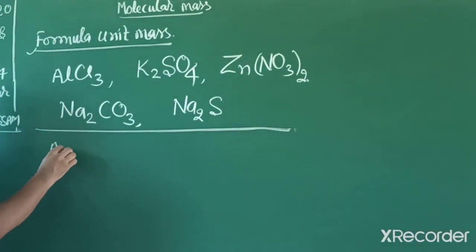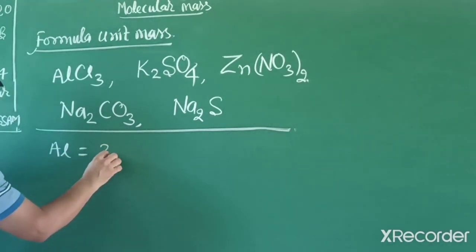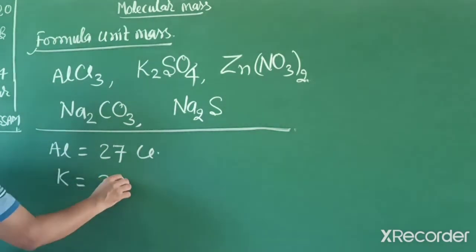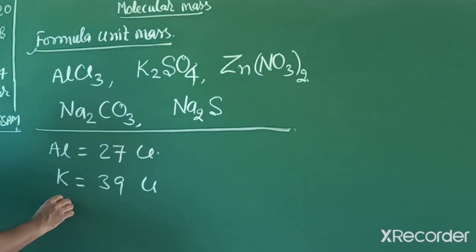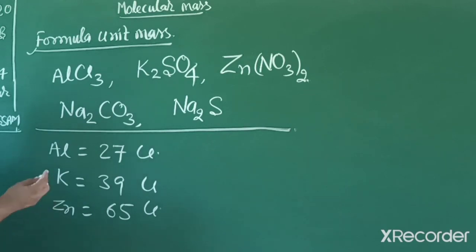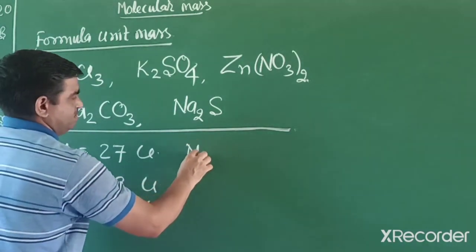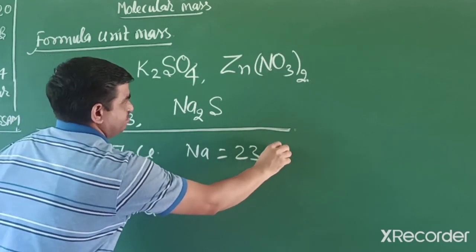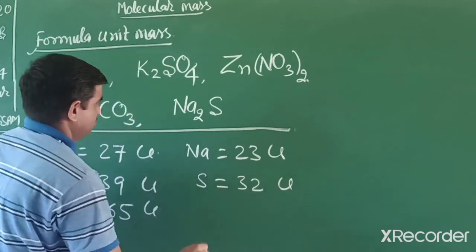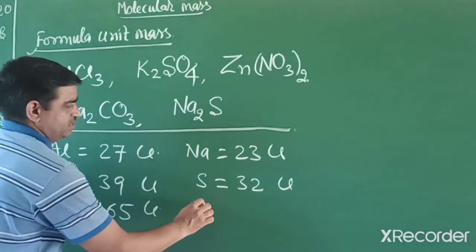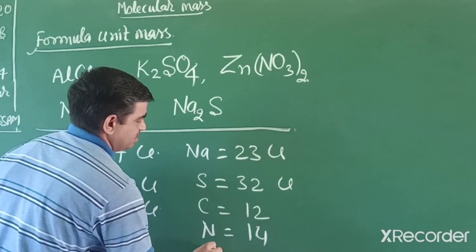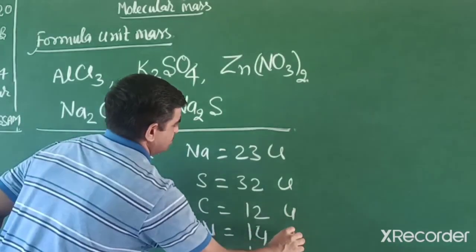Aluminium atomic mass is 27 u, potassium we already wrote 39 u, zinc we wrote 65 u, and other, you know, sodium mass 23, sulfur 32, and carbon 12, nitrogen 14, oxygen is given in the NCERT book, 16 u.